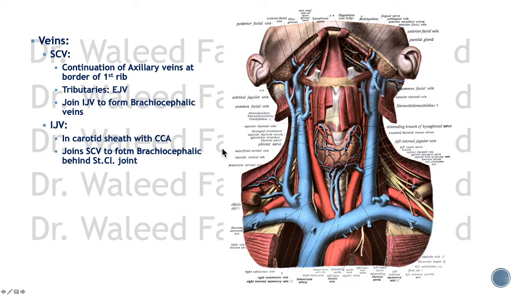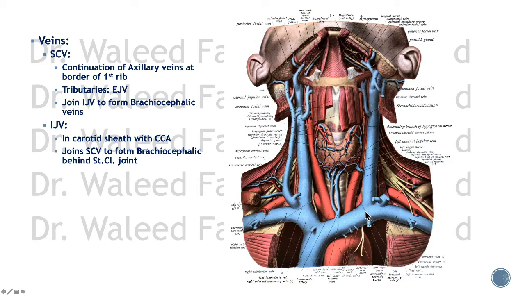Okay, if you want to talk about the veins, the subclavian vein, it's opposite the artery. It's a continuation of the axillary and ends by joining the internal jugular vein to form the brachiocephalic. Note that the brachiocephalic vein on the right side is much shorter than the left brachiocephalic.